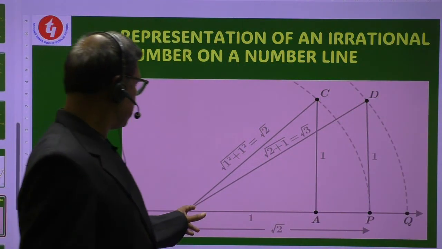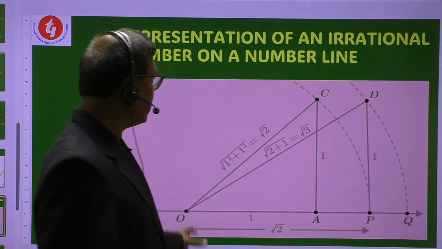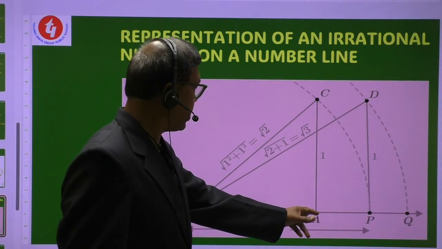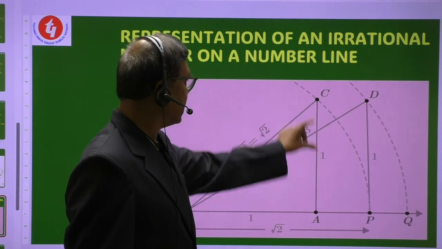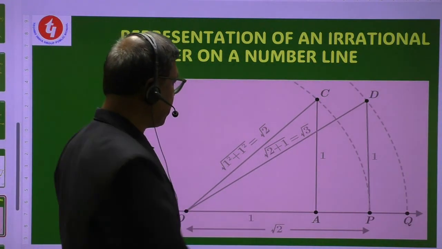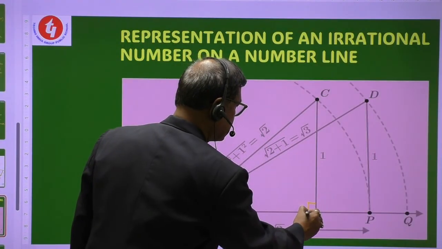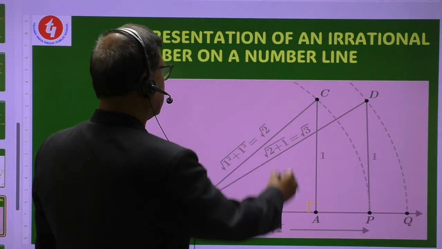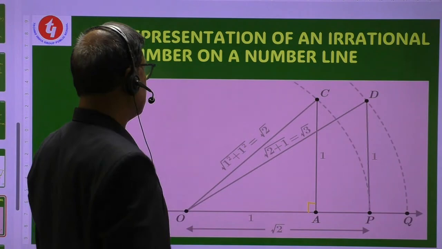So first, from origin to A is 1 unit, and at A this perpendicular length, that is AC, is 1 unit. So if you apply the Pythagoras theorem on this right angle triangle, then we are getting this hypotenuse is root 2.